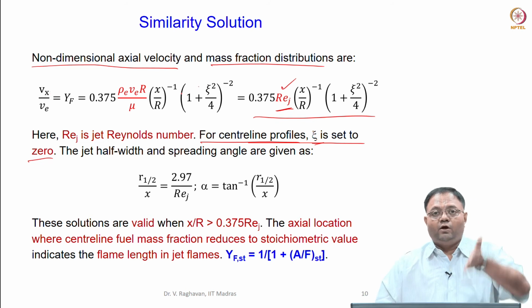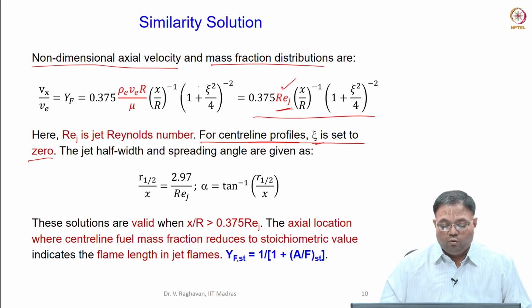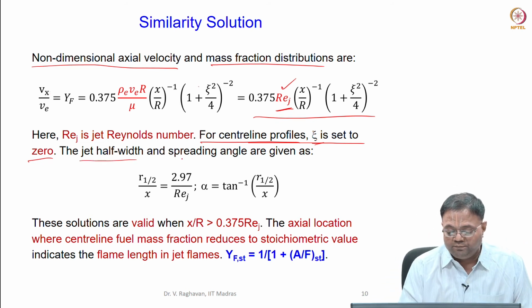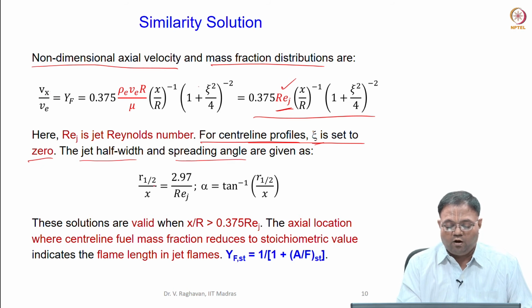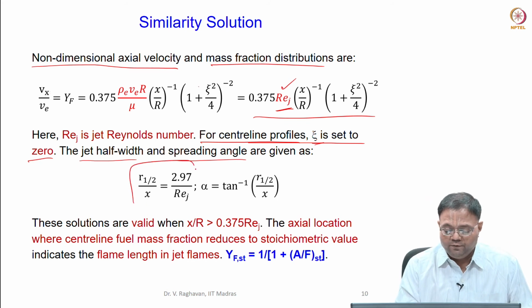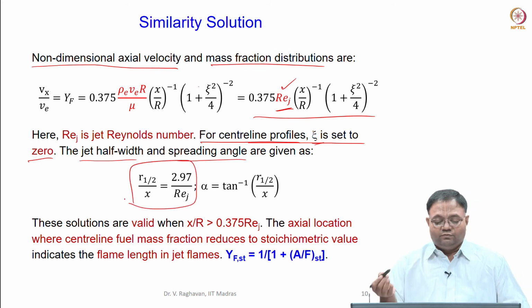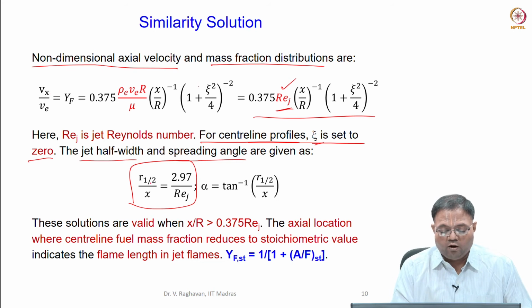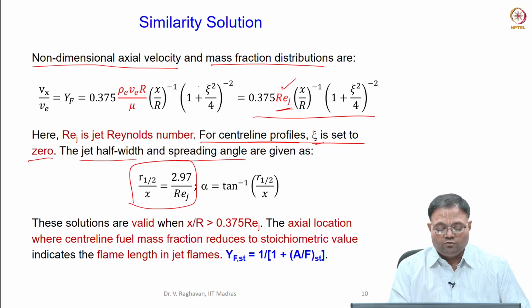Similarly, central line decay of the Yf also you can get. Now, for half width and the splitting angle, we use r half by x equal to 2.97 divided by the Reynolds number. I have not given the derivation; you can try to derive it or see some books.